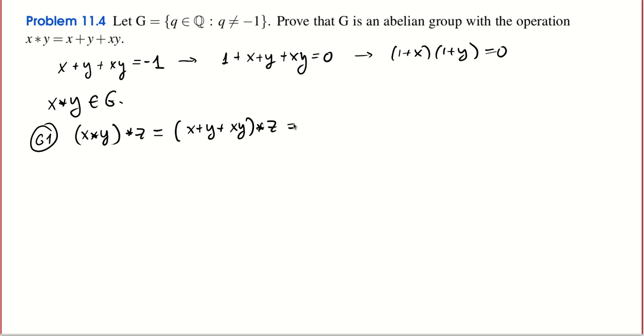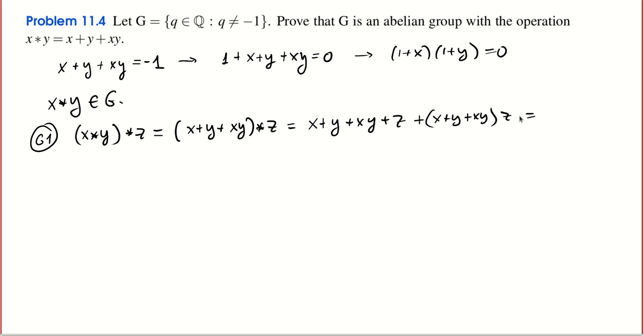And the operation of this is, well, when you have to operate two numbers, the first thing is to add them up. So you add this and this, so it's x plus y plus xy plus z, right? And then the second thing is that you have to multiply them. So you have x plus y plus xy times z, right?